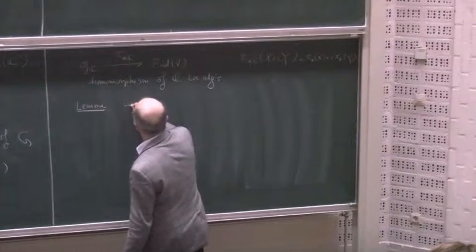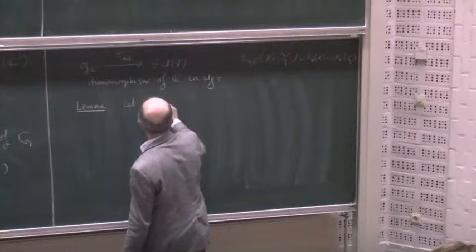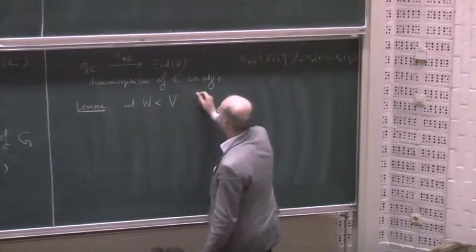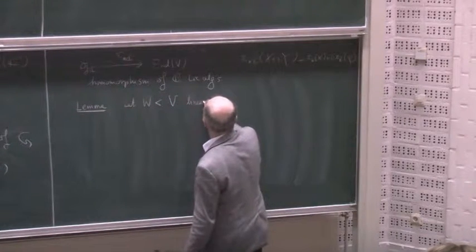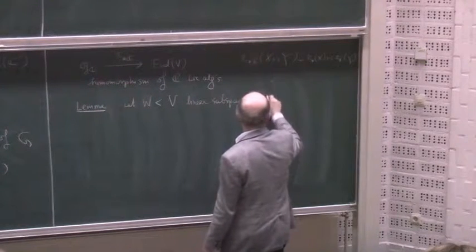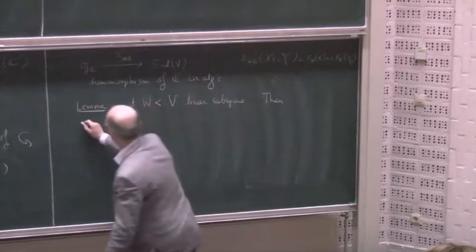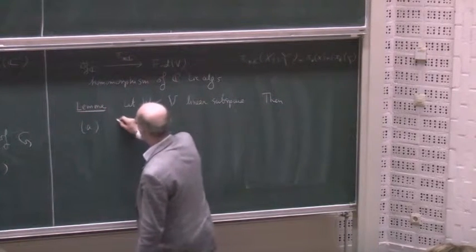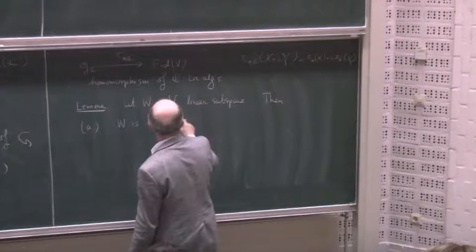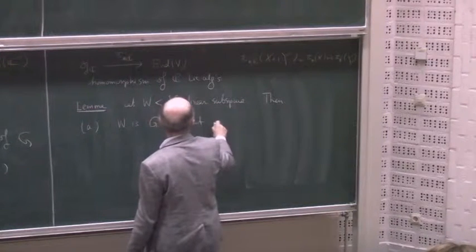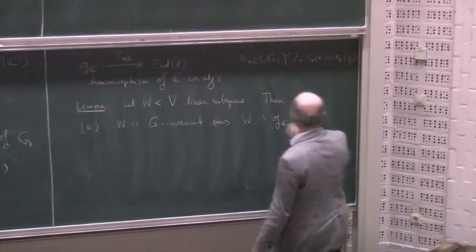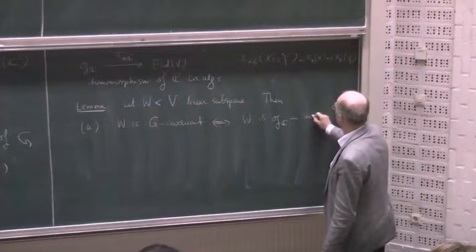Let W be a linear subspace of V. Then W is G invariant if and only if W is invariant for the complexification of the Lie algebra.